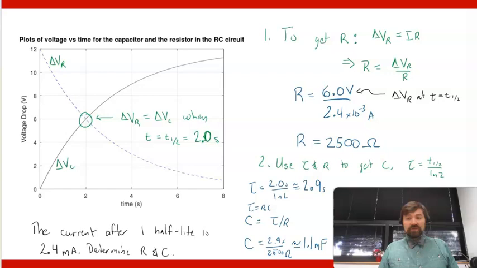And you can essentially combine these in a variety of ways to get whatever you're looking for off of these graphs. Like maybe you're given the voltage across the resistor instead of the capacitor, what have you.